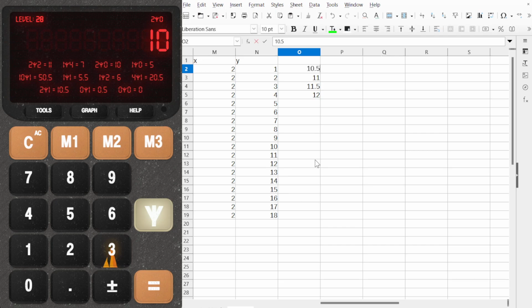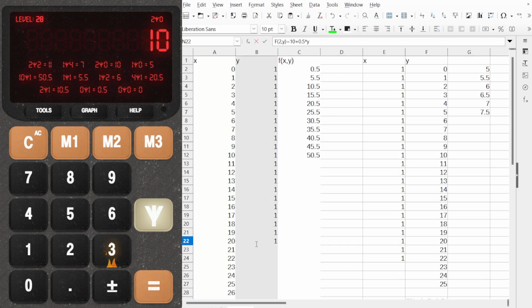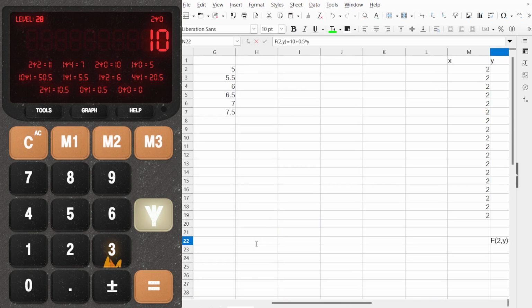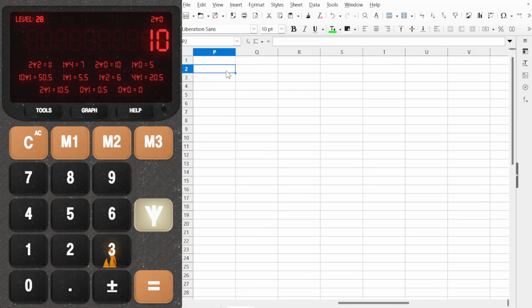So this one also seems like f of 2y equals 10 plus 0.5 times y. And if I look at this, this seems like f of xy equals 5 times x plus 0.5 times y.